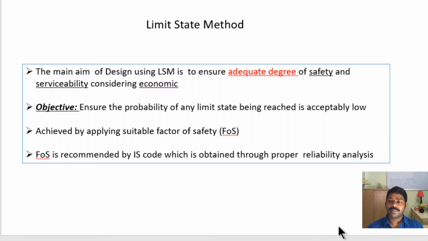Now to overcome the limitations of the working stress method, which was not economical, and also the limitations of the ultimate load method, in which we have ignored the serviceability criteria, the limit state method comes into the picture. What does the limit state method do? The limit state method ensures the probability of any limit state being reached is acceptably low.